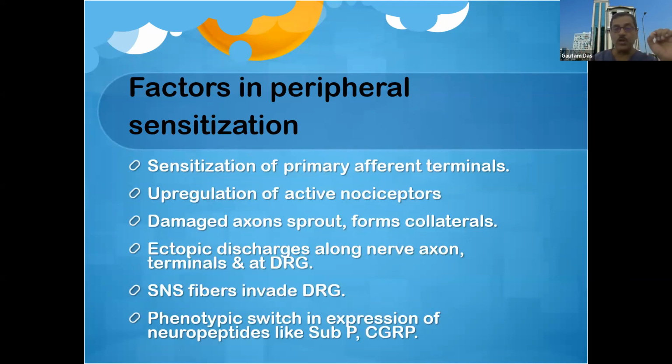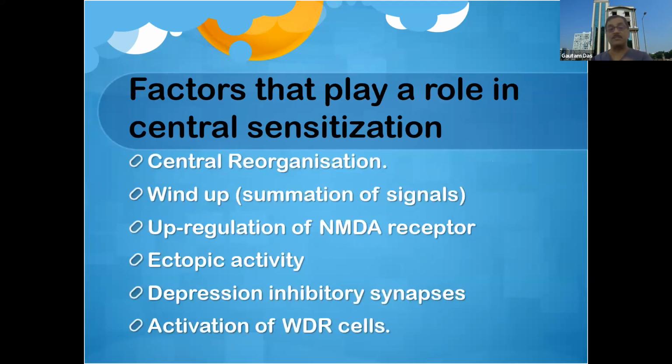So small stimuli, which would produce a small amount of pain, because of this reduction of the threshold now create a greater amount of pain. But there are certain mechanisms in the central sensitization which tell you about the amplification part. One of them can be understood by the descending inhibitory pathway. Loss of the descending inhibitory pathway is also a part of central sensitization.